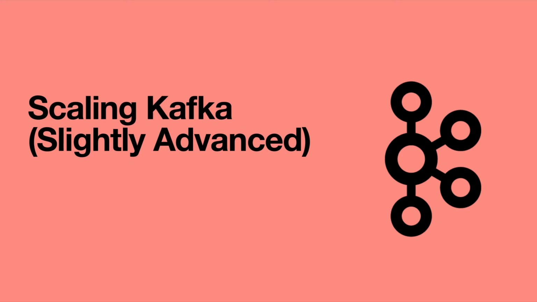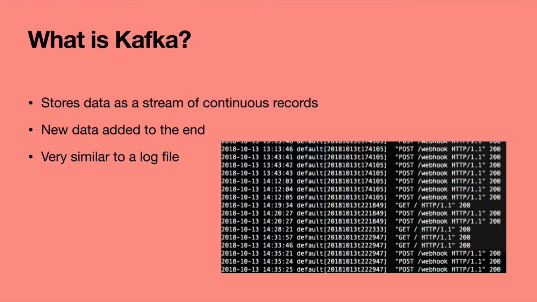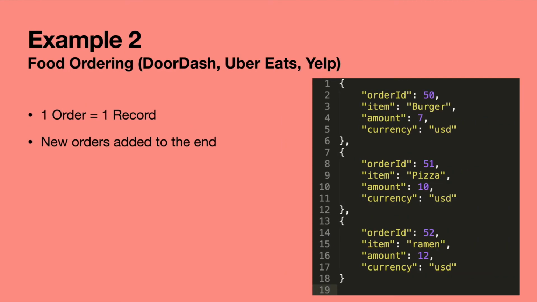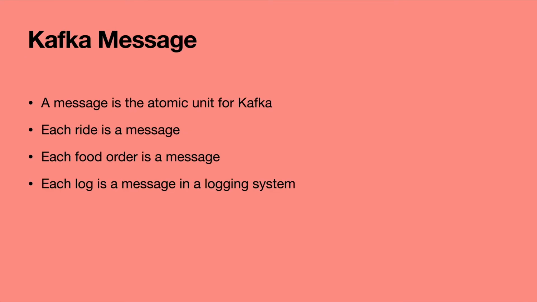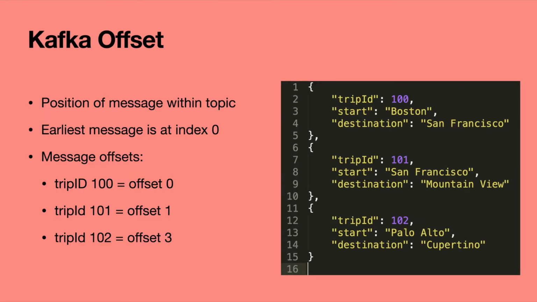Okay, so that was the first section, which is the fundamentals of Kafka. Let me just go back. We went through what Kafka is. We had a few examples of real-life use cases of Kafka. We went through what a Kafka message is, the most atomic unit of Kafka, with a few more examples over here.